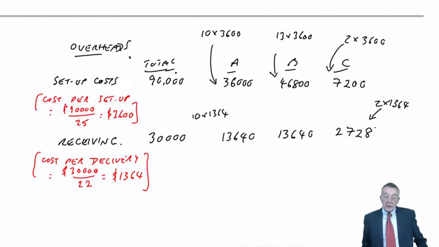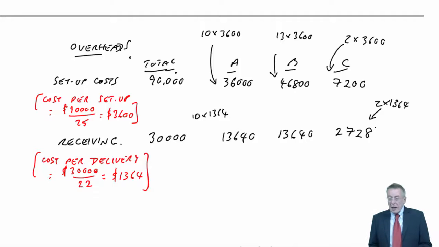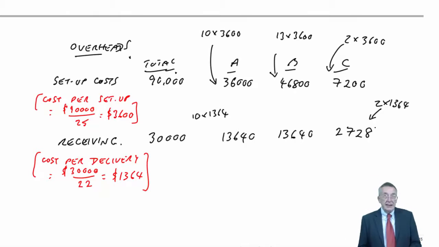Now, a minute ago I mentioned the rounding. Some people get awfully upset because that doesn't add up to 30,000. Because of roundings, it actually adds up, I think, to 30,008. Say $8 different. Well, as you'll see later, I'm not really too bothered.